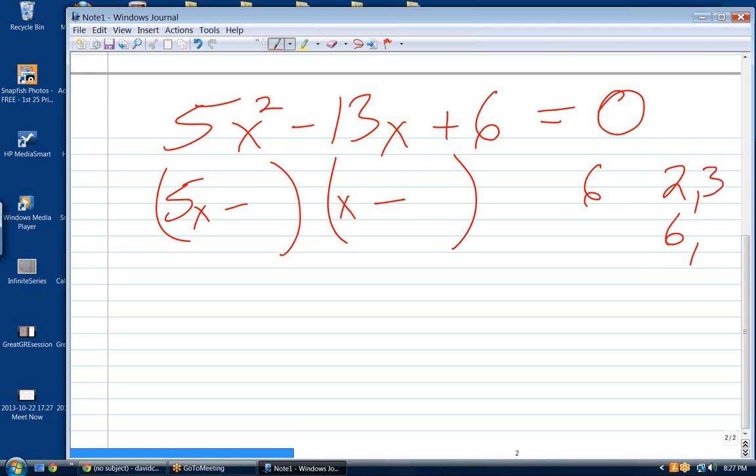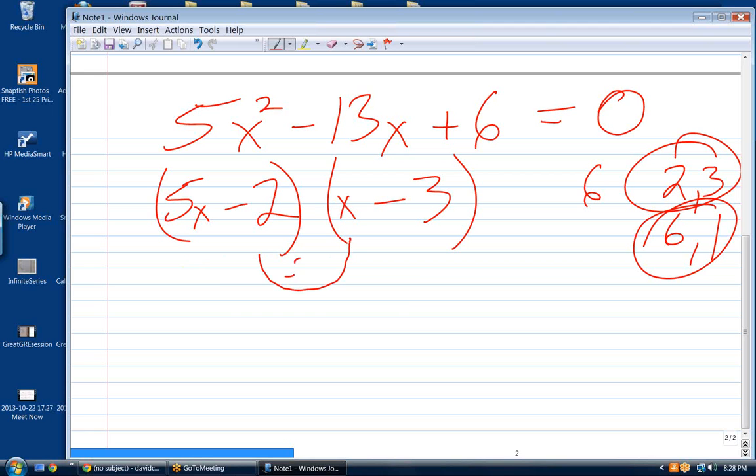And 6 and 1. Those are the only sets of factors. So I always suggest students try the ones that are closest together. So I would do a 2 and a 3. It's my first step. What would that give us in the middle if I do that? In other words, to figure out the middle term, that would give us minus 2x, minus 15x. That would be minus 17x, so that isn't right.